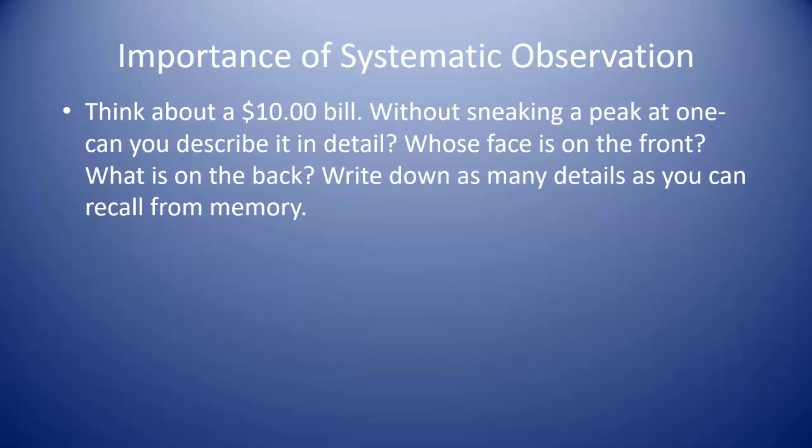You might note that it's green and white because all bills are, that there's probably a 10 on it somewhere. That would probably be a safe bet. There's probably a picture of a person, also a safe bet if you bet that it's a white man who's no longer living, because I believe all of the bills, at least at this point in time, have white men who are no longer living.